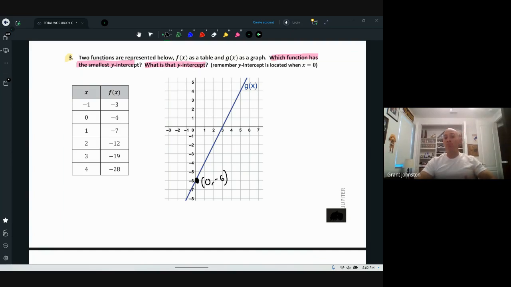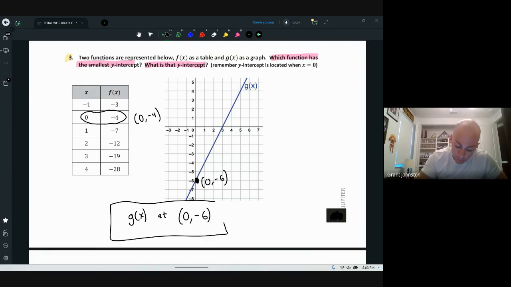Now the table is not always as obvious. When we're trying to find the y-intercept, we're looking when x is 0. So we're looking here. For f of x, it's at 0, -4. So which one has the smallest y-intercept? I would say g of x. Where is it located? G of x at 0, -6.